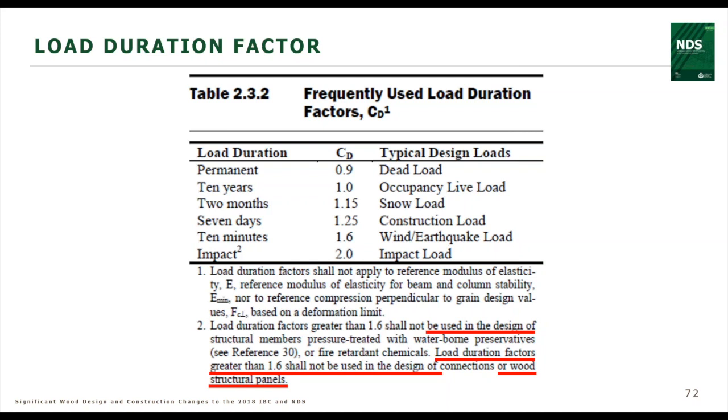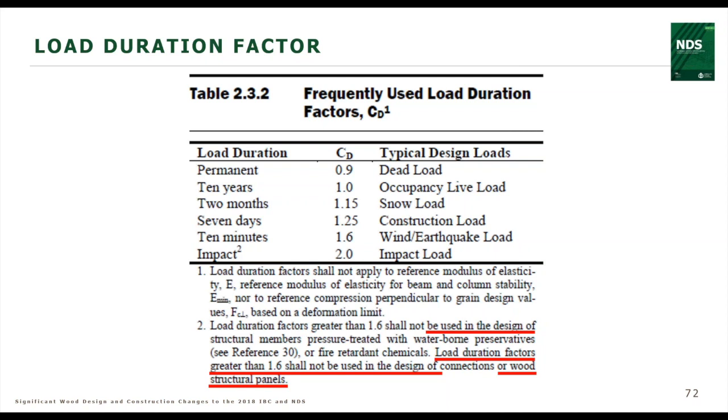So if you have an impact load in a wood structural panel, you would be limited to a load duration factor of 1.6. So regardless, if the load duration factor would be above 1.6 for a wood structural panel, you're going to be limited to 1.6 only.